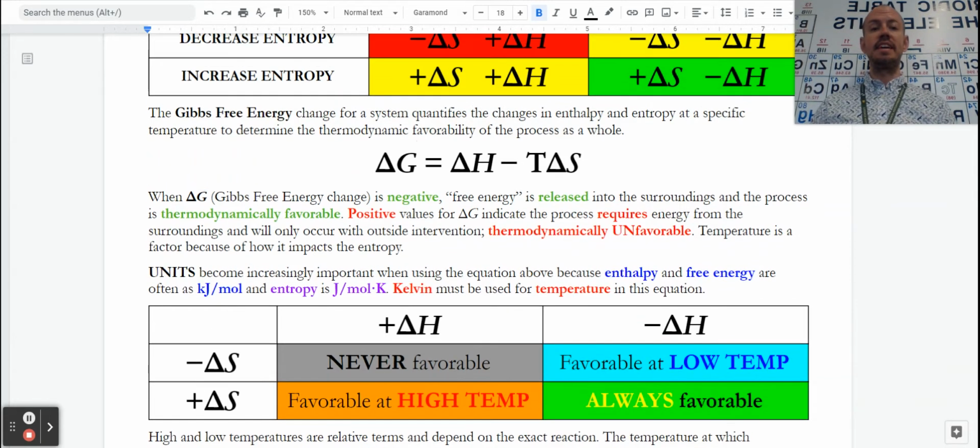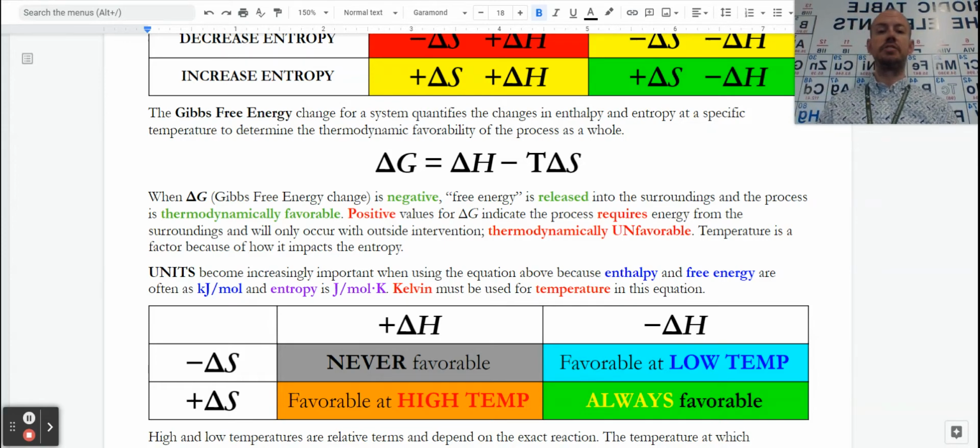And when this is negative, right there, and this is positive, right here, our delta G comes out negative. We have released free energy, or we have released energy that's available to do work. When I have a negative value here, negative with negative, and a positive value here, all of this becomes positive.